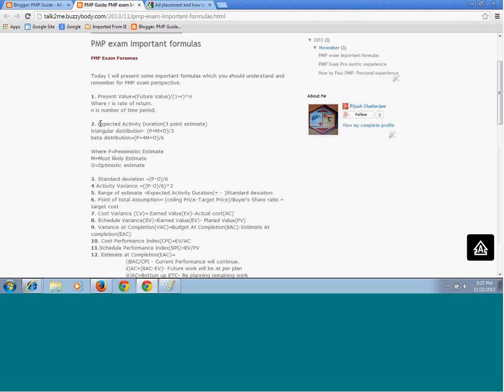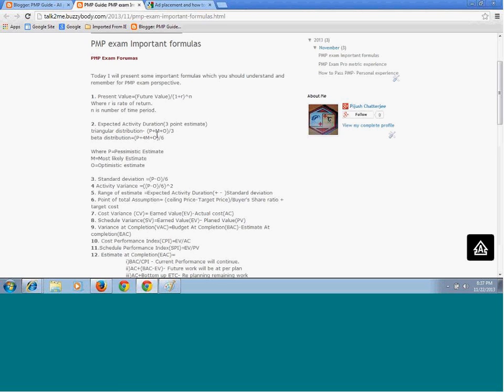Now, the second one is expected activity duration, meaning by what time you can complete the activity. Activity duration estimate is a time management formula. There are two different estimates: one is triangular distribution and one is beta distribution.